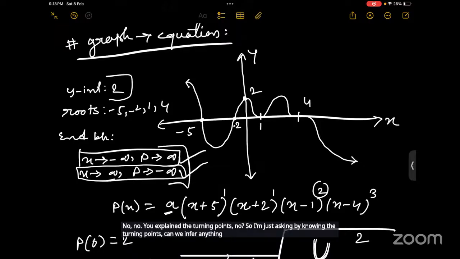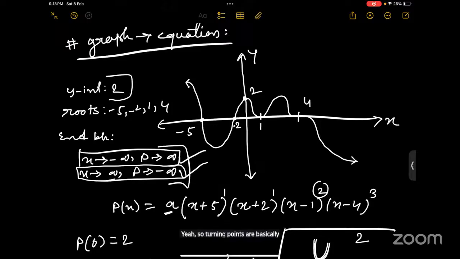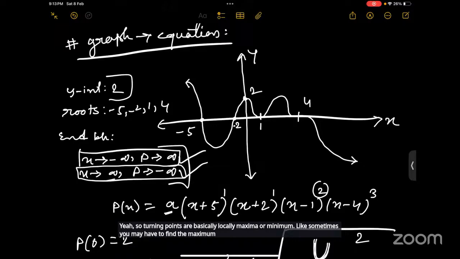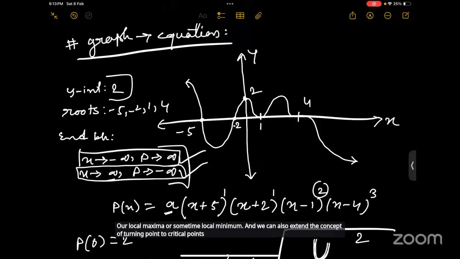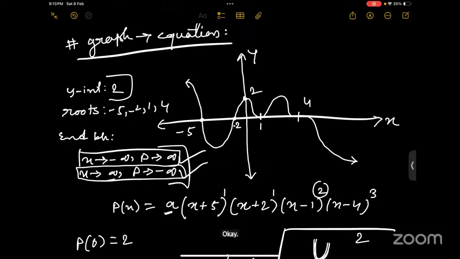Turning points are basically local maxima or minima. Sometimes you may have to find the local maxima and minima for a function. We can also extend the concept of turning points to critical points. Then we can observe the local minima and maxima with the second derivative test.